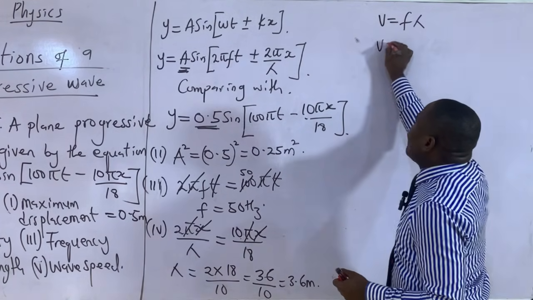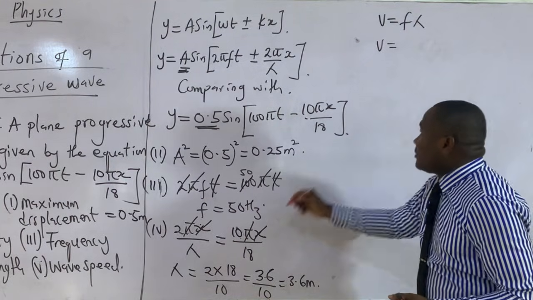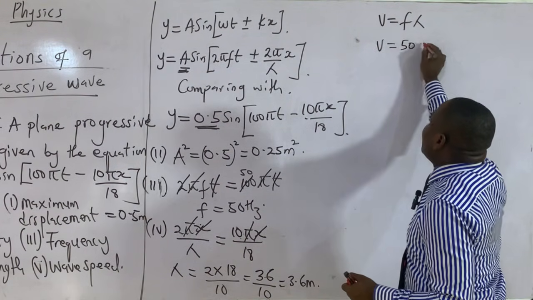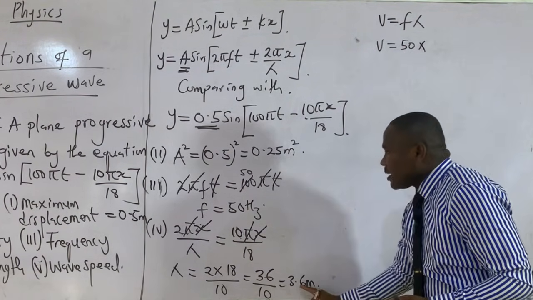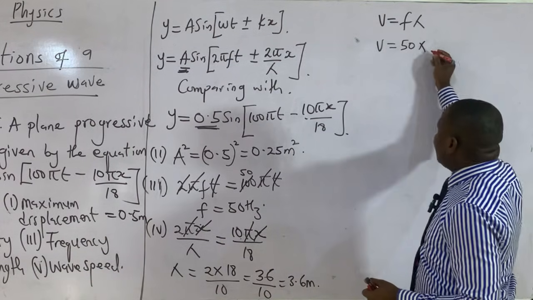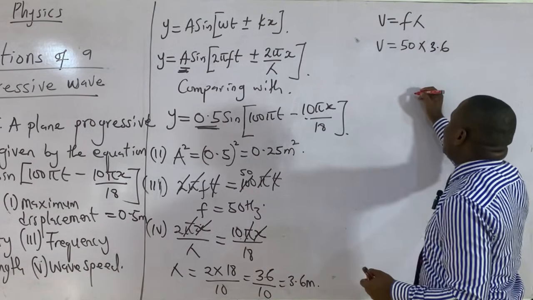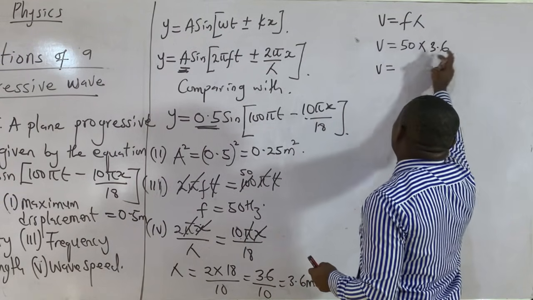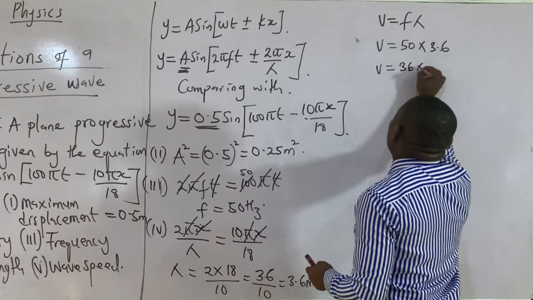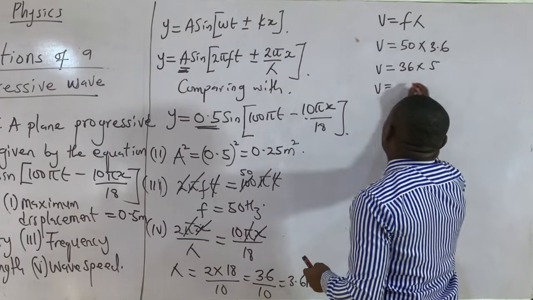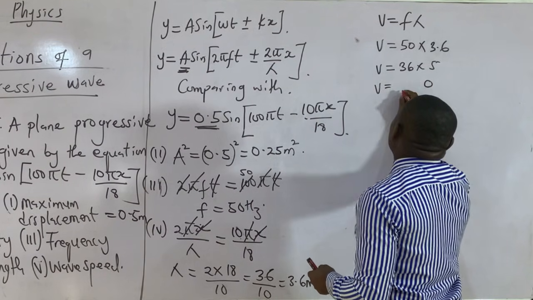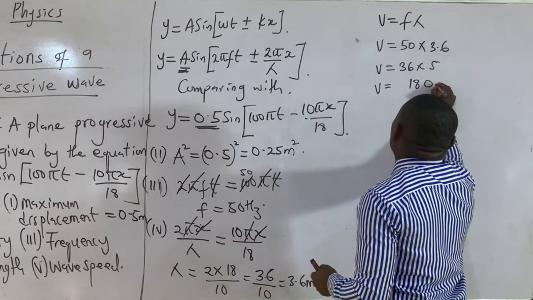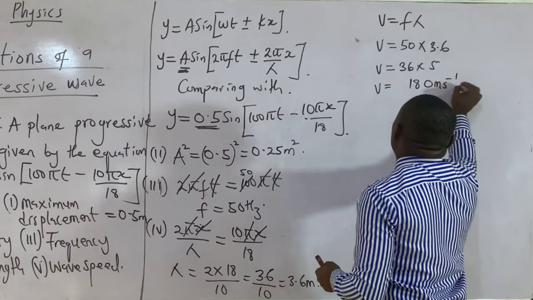Now we already have our frequency, which is 50 hertz, multiplied by a wavelength, which is 3.6. So that becomes V is equal to 36 times 5, which gives 180 meters per second.